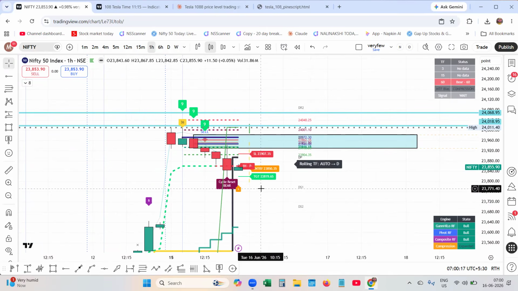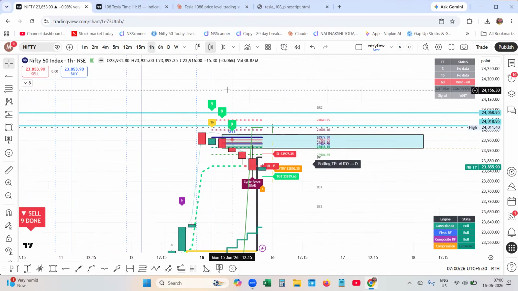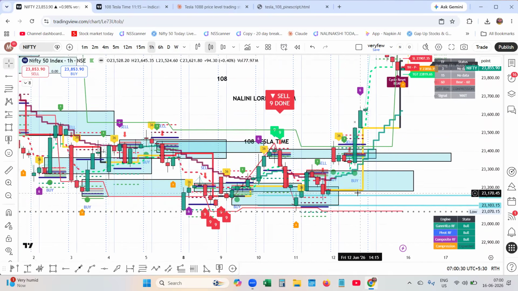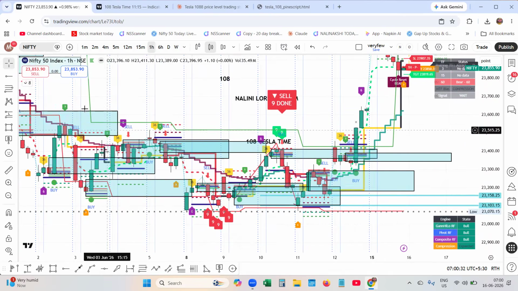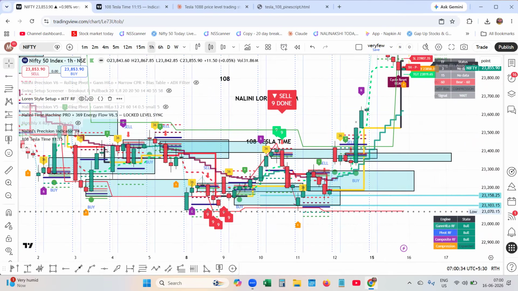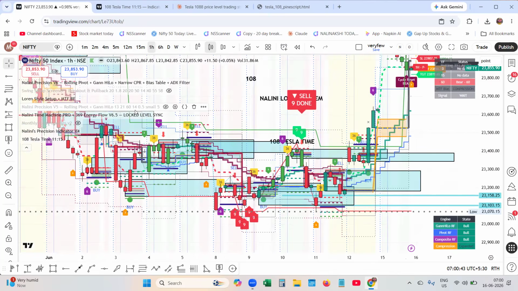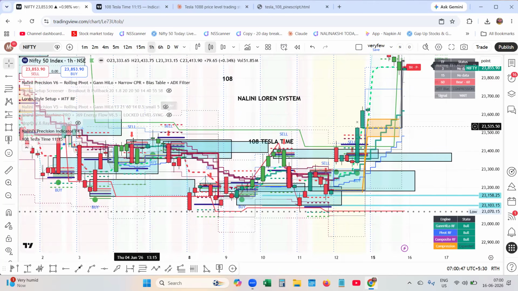You people also start looking for this and the Tesla time. Suppose, see how beautifully, if I put a volume profile over here in this area, let me take out and hide this one, and also hide the NALINI time machine.